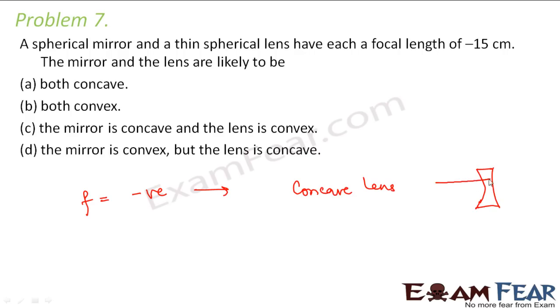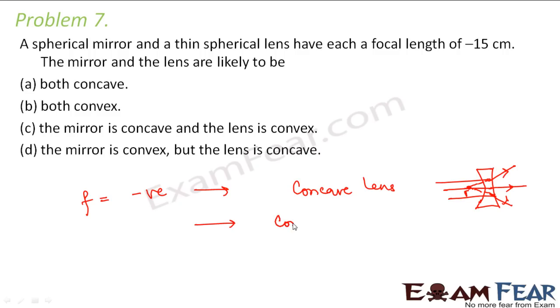If you remember the concave lens, when a parallel beam of light falls on it, the rays all diverge, and when you extrapolate them in the backward direction, they meet at the principal focus. Therefore your focal length is negative in case of a concave lens. What about the mirror? In which mirror is the focal length negative?